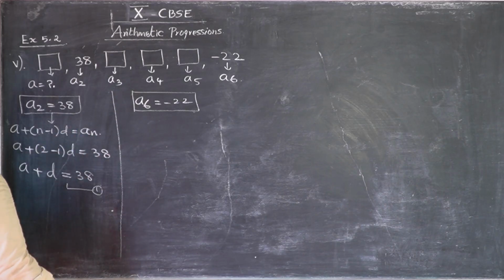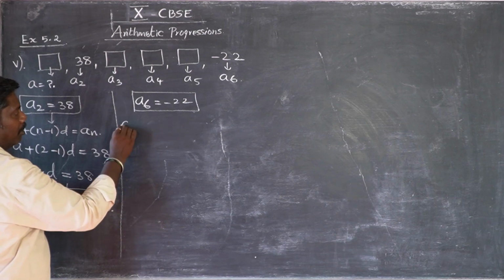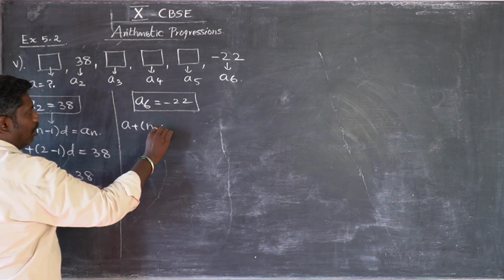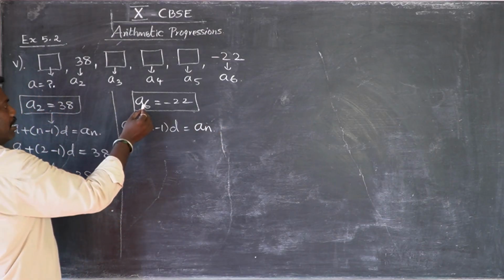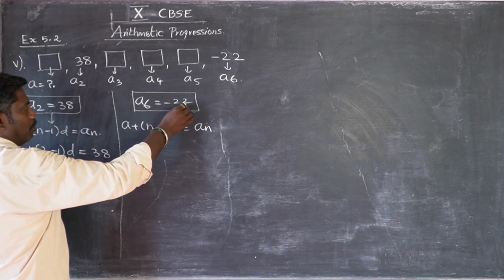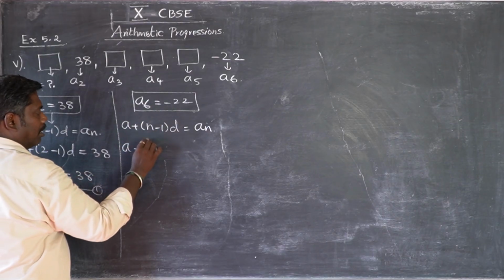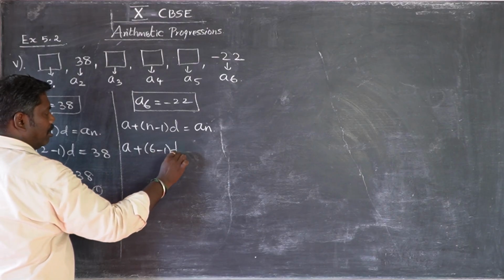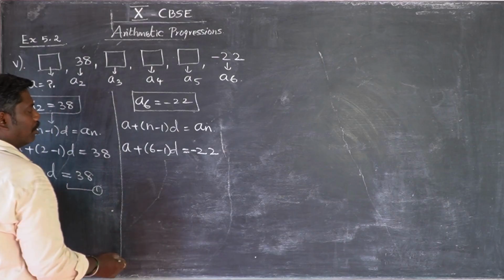So like that, sixth term is equal to minus 22. So we know the formula of nth term. Sixth term is equal to minus 22. Apply here n value 6, sixth term. So A plus 6 minus 1 into D is equal to sixth term value, minus 22.